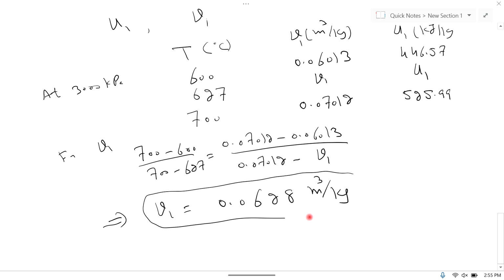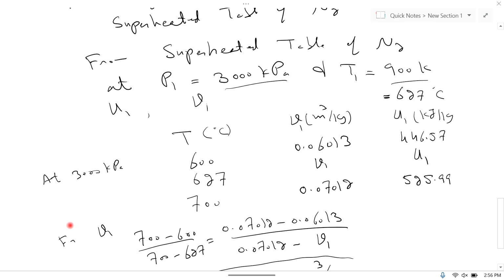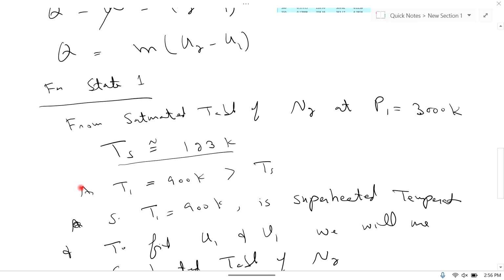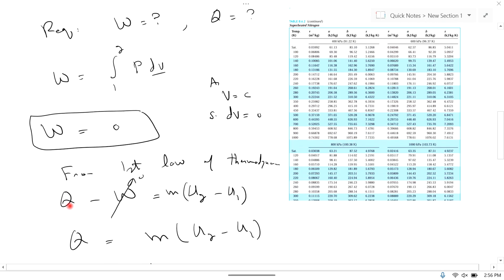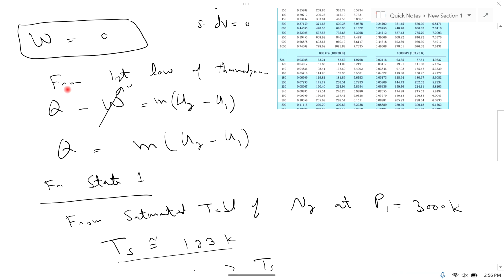Now this is v1 specific volume, and total volume is given to us. As we know, specific volume is equal to total volume divided by mass. So this implies that mass is equal to total volume divided by specific volume. So total volume is given to us as 0.1 cubic meter.